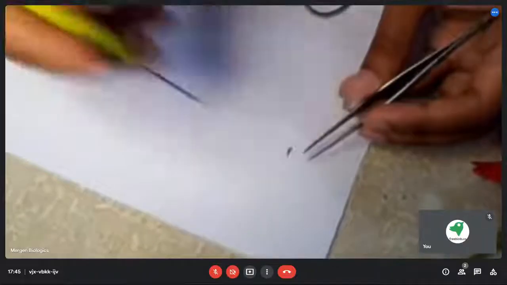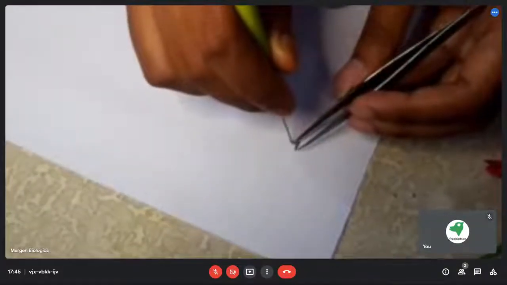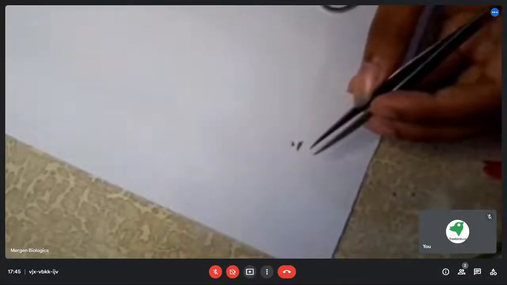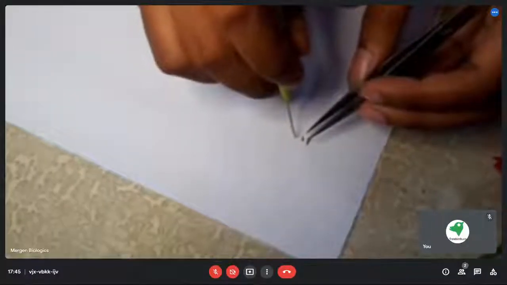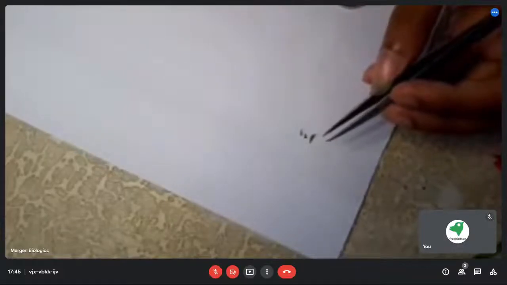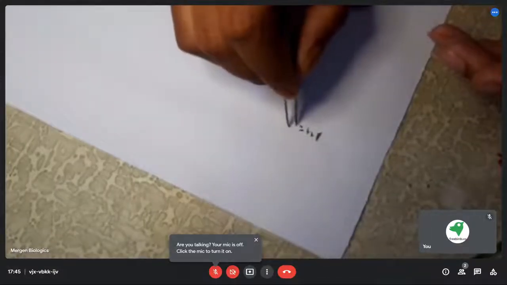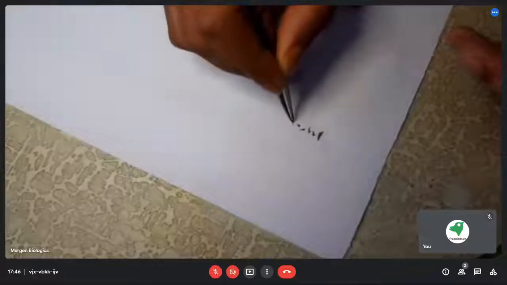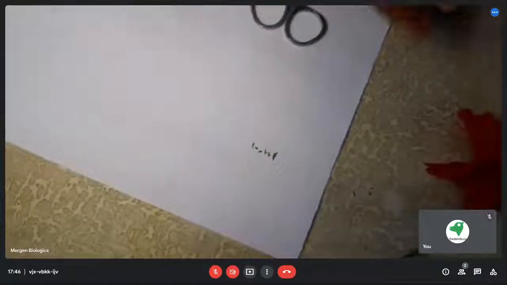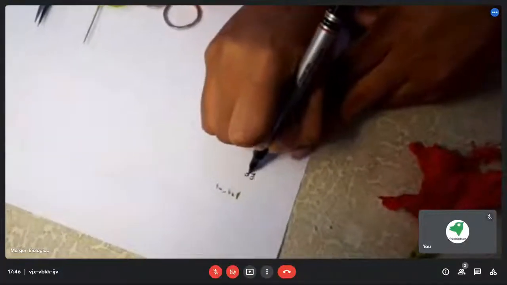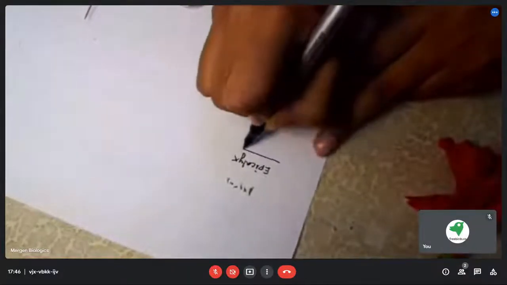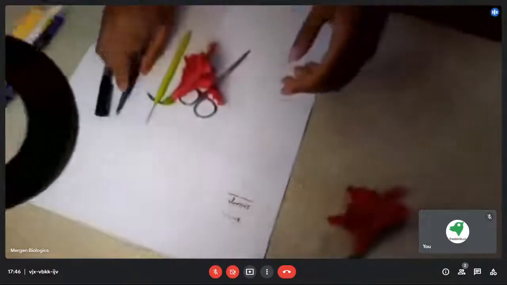Now I will arrange this. So this is the very first part of the flower dissection.